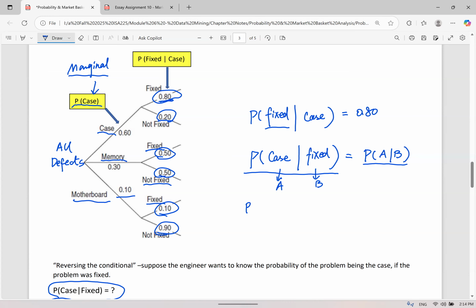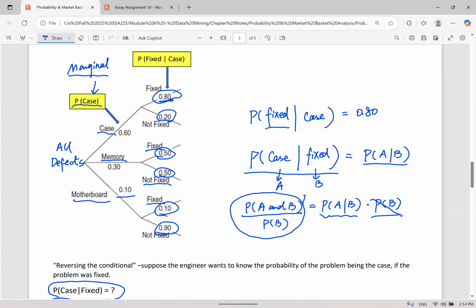The probability of A and B equals the probability of A given B times the probability of the condition, which is B. Reversely, if I divide both sides by the probability of B, then the probability of A given B equals the probability of A and B divided by the probability of B.